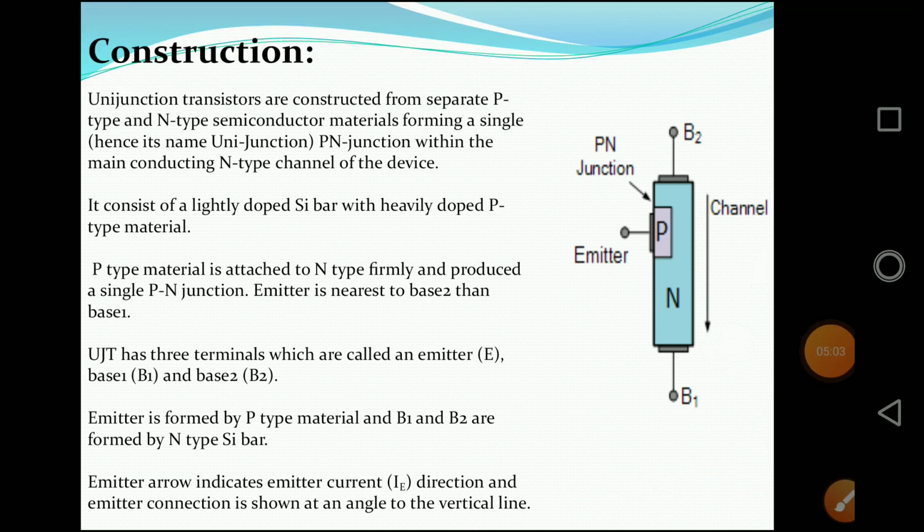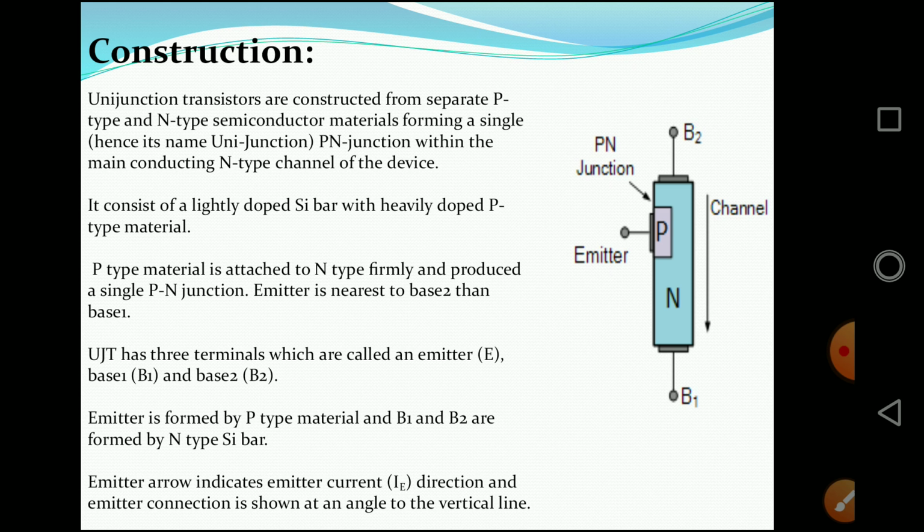Unijunction transistors are constructed from a separate P layer and a separate N layer of semiconductor material, which form a single PN junction within the body. Therefore, the device is called a unijunction transistor.